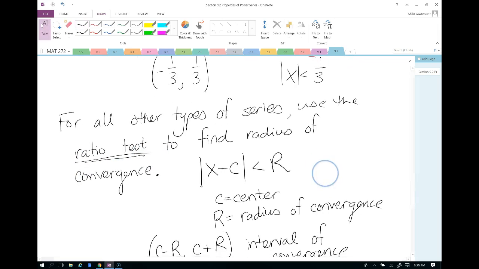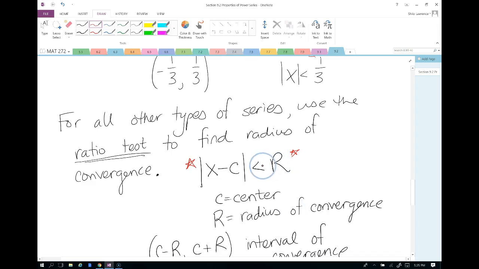And our goal is going to be to simplify down the ratio test all the way down to something that looks like this. Absolute value of x minus c is less than capital R. And what we have here, c is the center, and if we can get it simplified down to this, that capital R is going to be the radius of convergence.